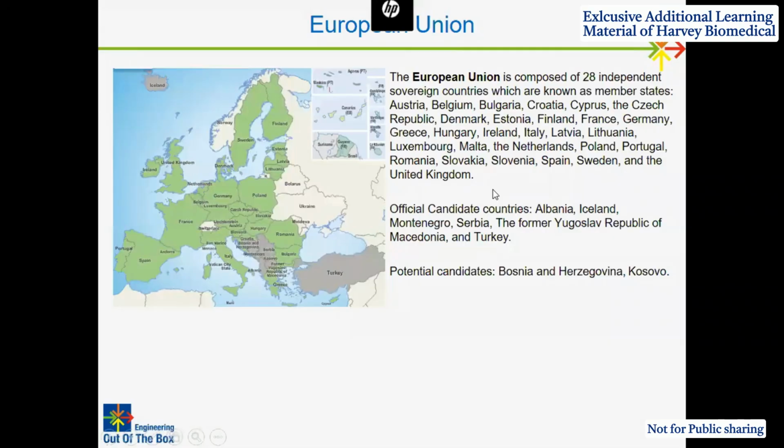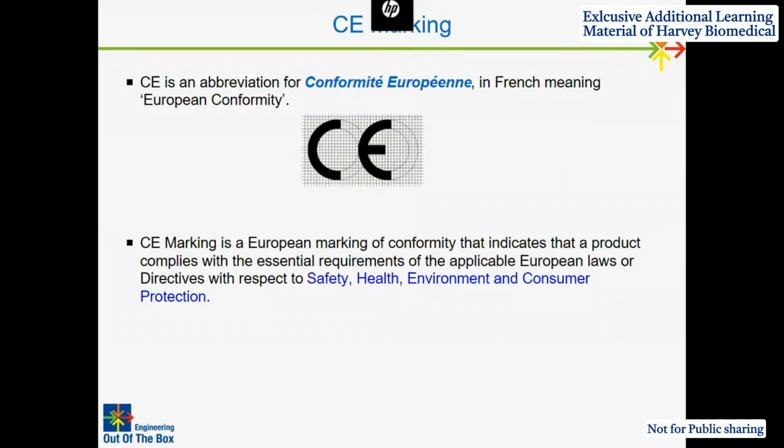The UK came up with the UKCA, UK conformity assessment. Also Albania, Iceland, Macedonia, Serbia, Former Yugoslav Republic of Macedonia, and Turkey are also part of the European market. Once the CE is approved, we can sell into these countries also.